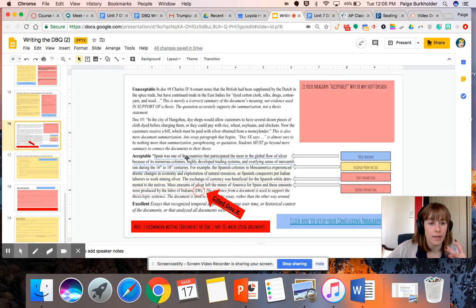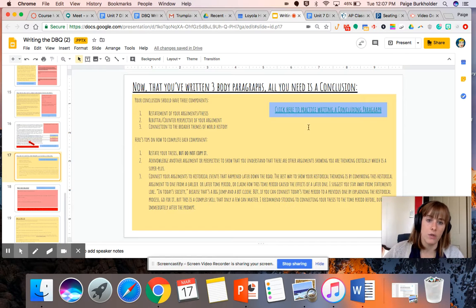The only thing I would tell this person, he or she cited their document here at the end of their analysis portion. You can do that. That's fine. I always recommend you do it at the end of your example here. Okay? So this is a really good acceptable start. You would do this 2 more times in the paragraph.